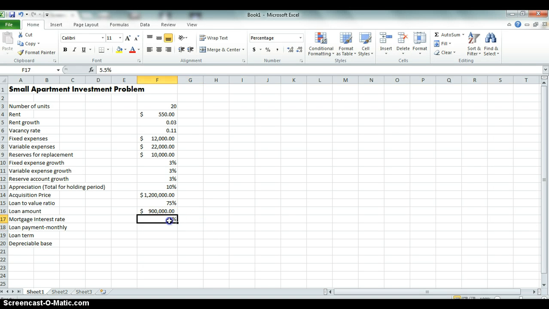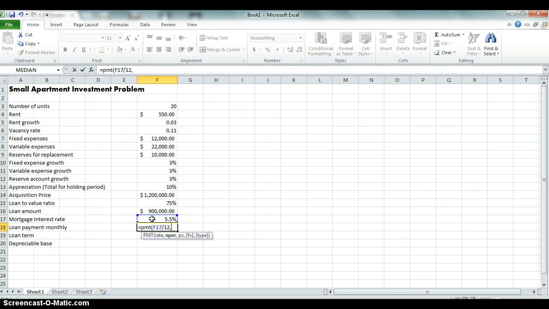Then the mortgage interest rate is a given percentage, which is 5.5%. We can increase the decimal points. We calculate the payment by using the function payment, then the rate, which is 5.5% divided by 12.